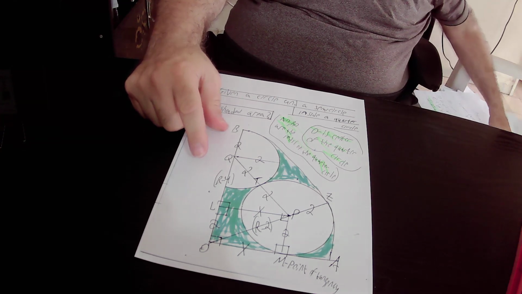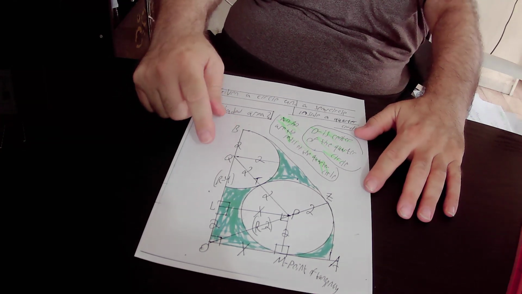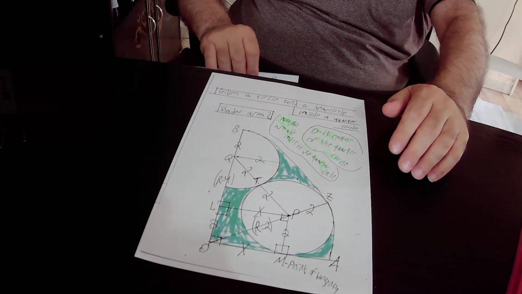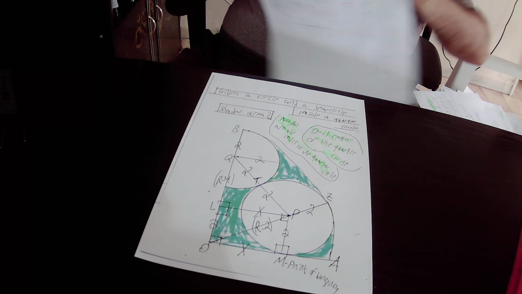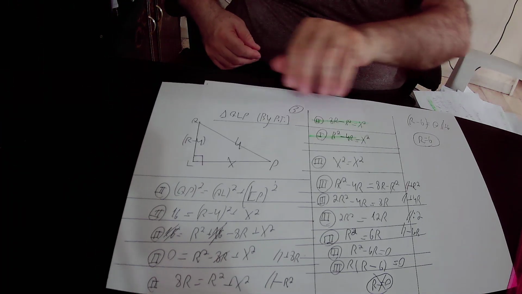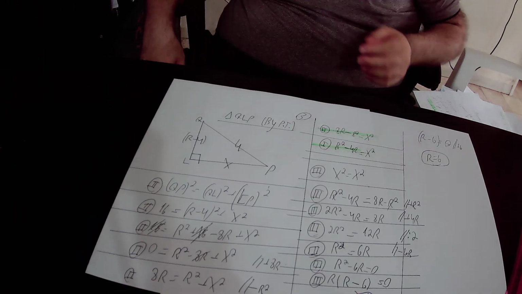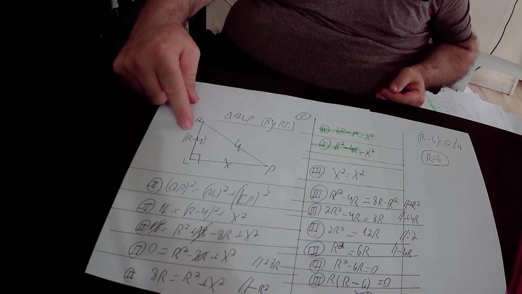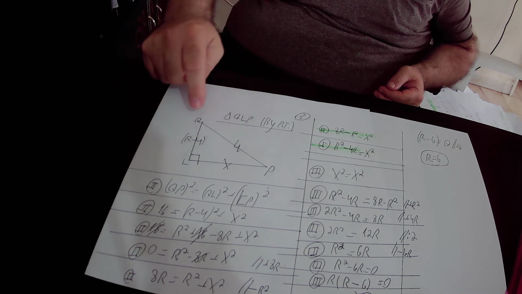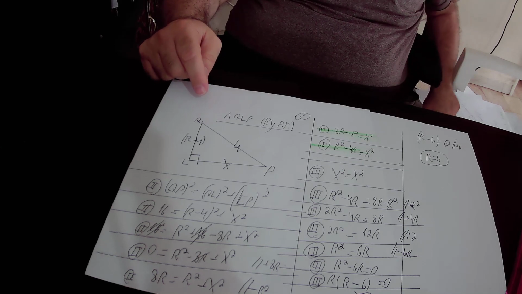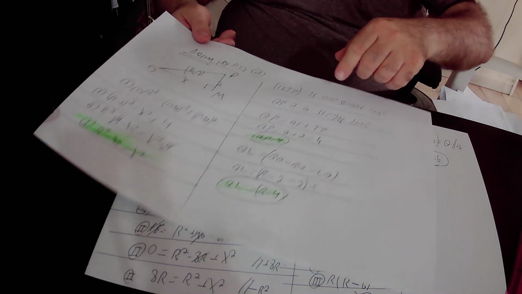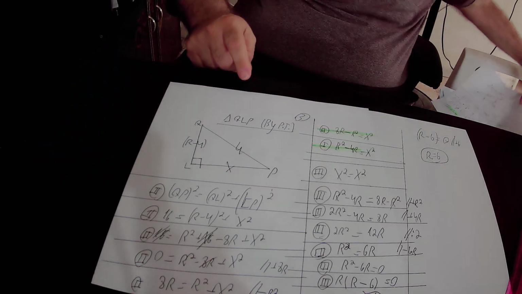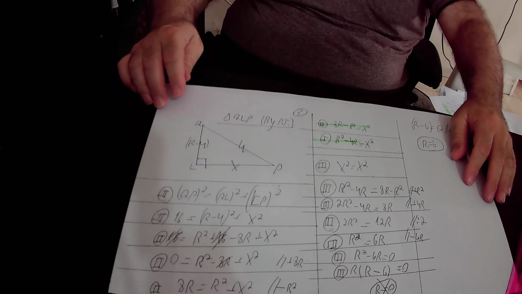Then I copied the right triangle QLP in a new page and we implemented the Pythagoras theorem on this triangle QLP. So this is the right triangle QLP that I copied from the original drawing. We found out that QL equals capital R minus 4, LP equals X, and the length of the hypotenuse QP equals 4 units.